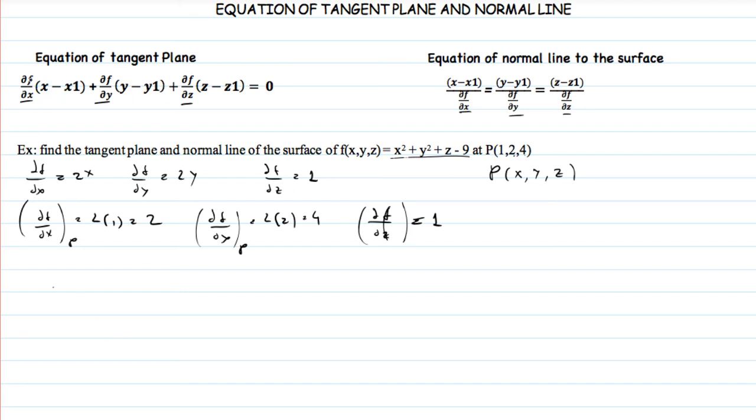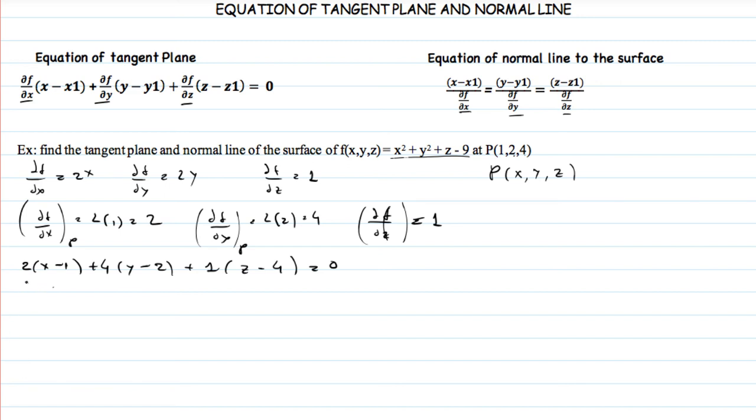The partial derivative with respect to x is 2, times x minus x1, which is 1, plus the partial derivative with respect to y, which is 4, times y minus 2, the value of y1, plus 1, which is the partial derivative with respect to z, times z minus 4. All of this is equal to 0. So we have replaced the values in the tangent plane equation.